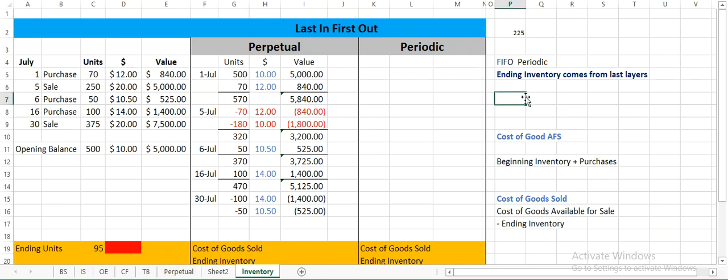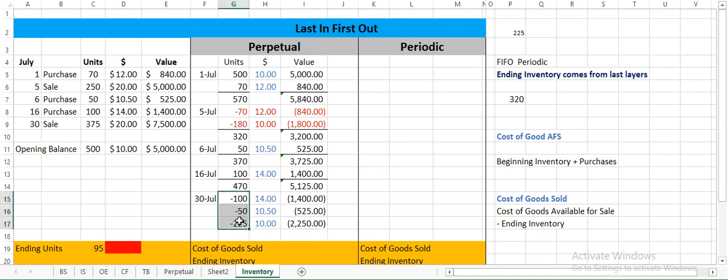This 500 actually has, let's see how much left. 500 minus, we used 180 of that 500, and so it has 320 left of it. We only need 225. And so therefore, minus 225 at $10 to get the value of what's left to value for the sale.